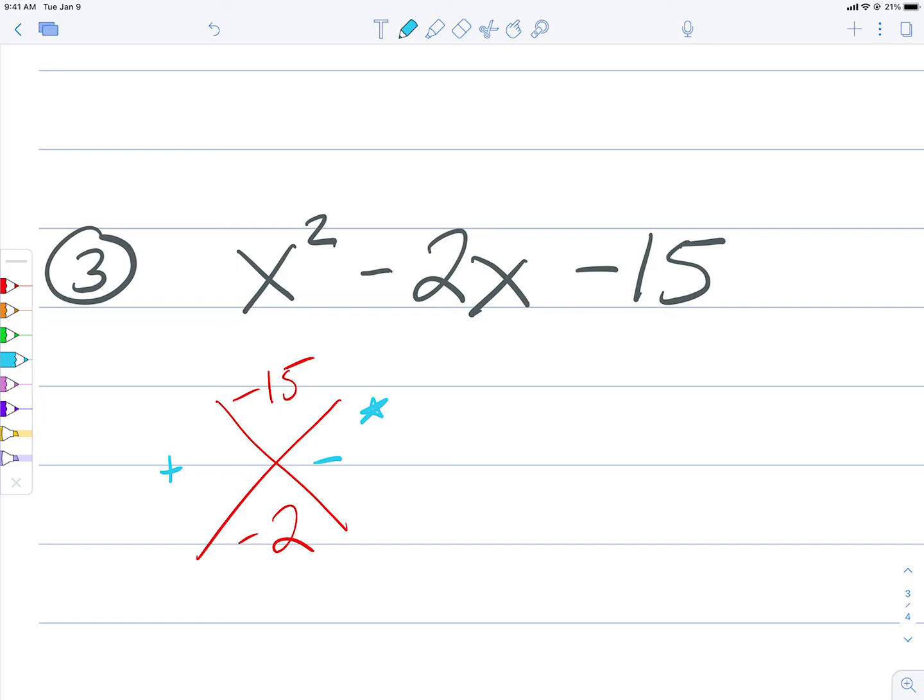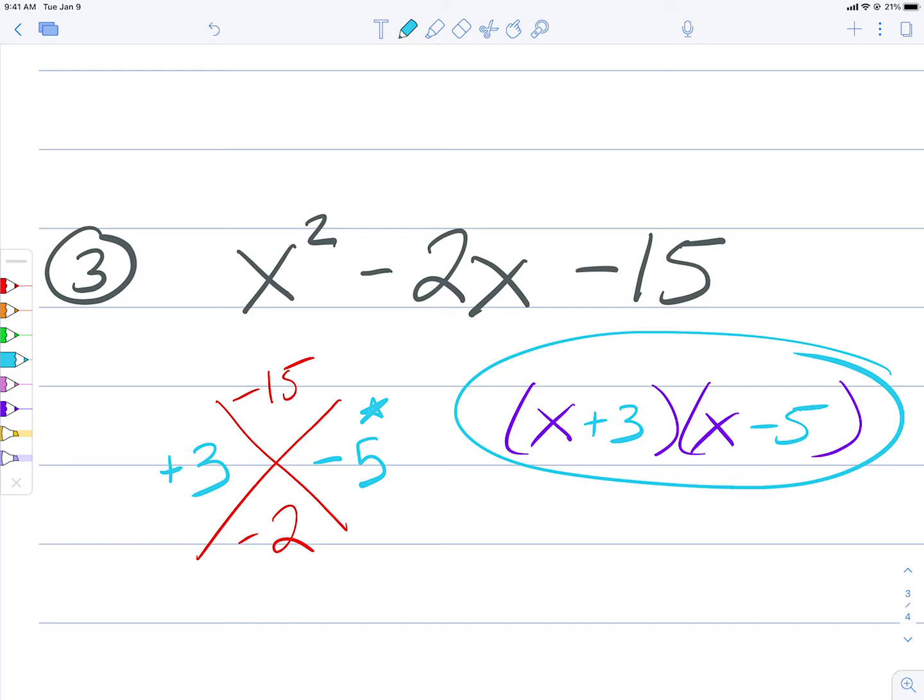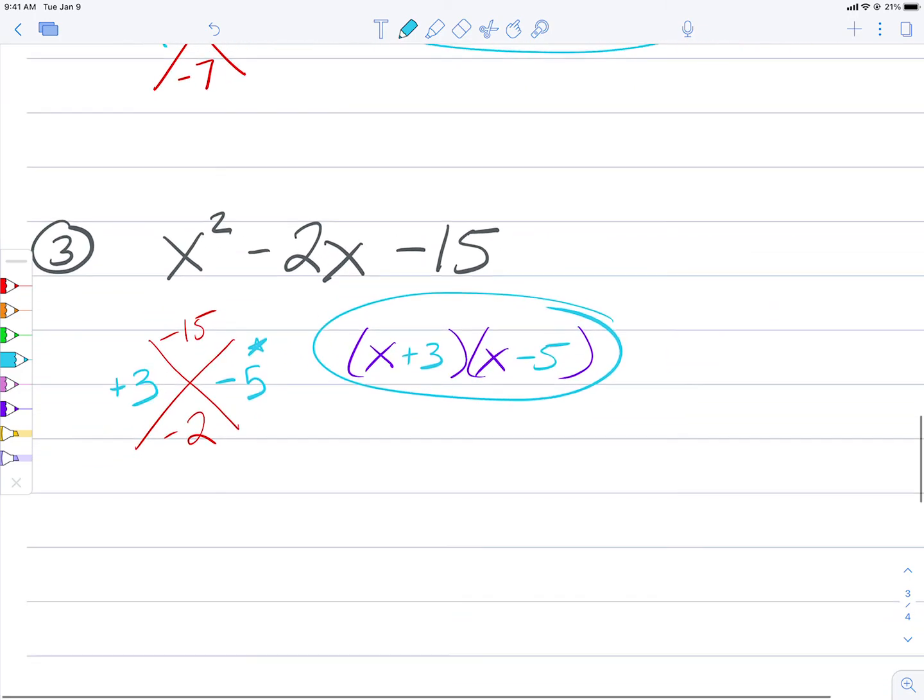So if my negative needs to be the larger of them, my negative must be the 5 and my positive the 3, because that's how they can add to negative 2. So for my factored answer, we have my x's, and I found a positive 3 and a negative 5. So x squared minus 2x minus 15 factors to x plus 3 times x minus 5.